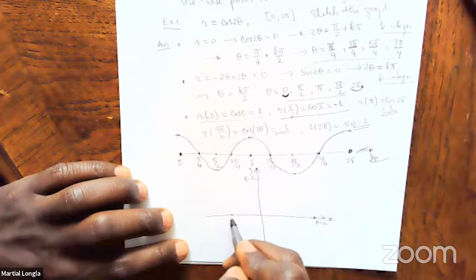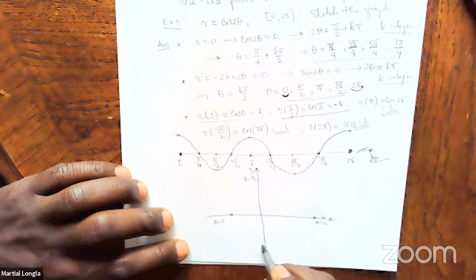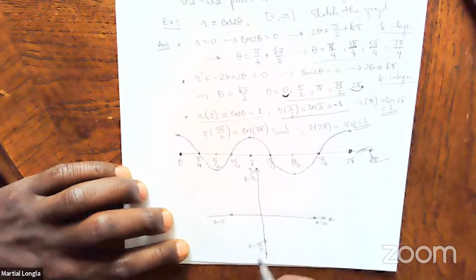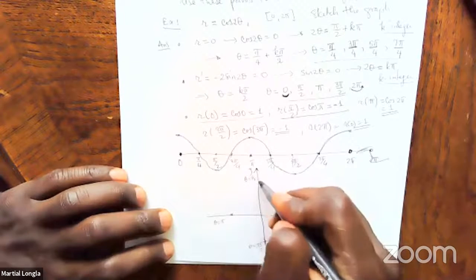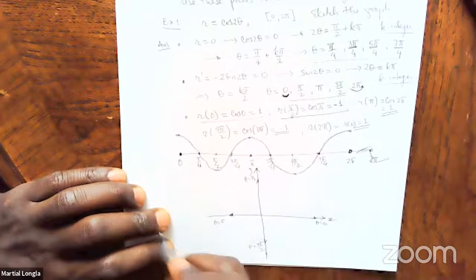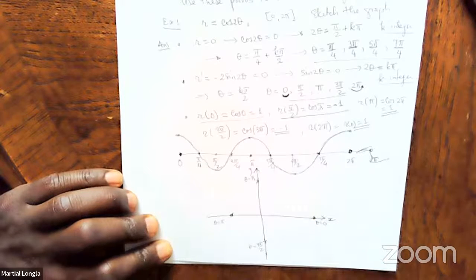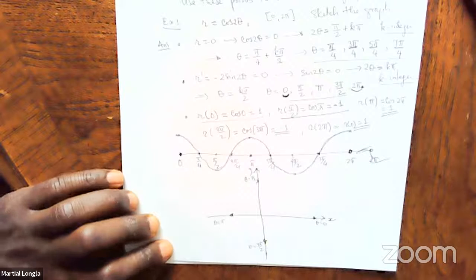That's angle theta equals pi. This is angle theta equals 3 pi over 2. And each of the angles points in its direction, right? Theta equals pi points this way. Theta equals 0 points that way. Theta equals 3 pi over 2 points this way.